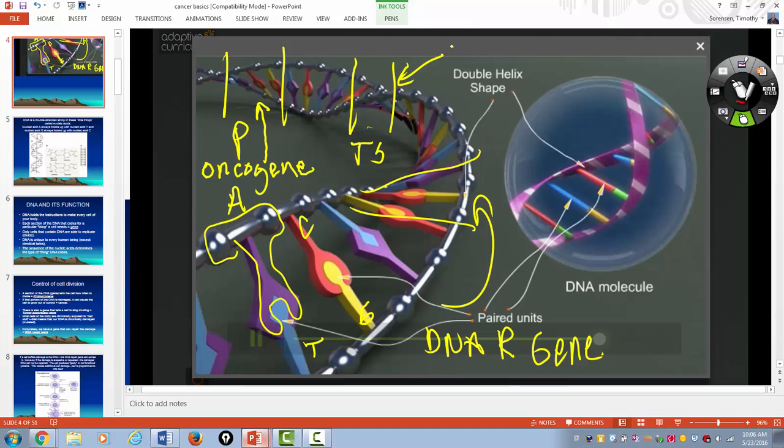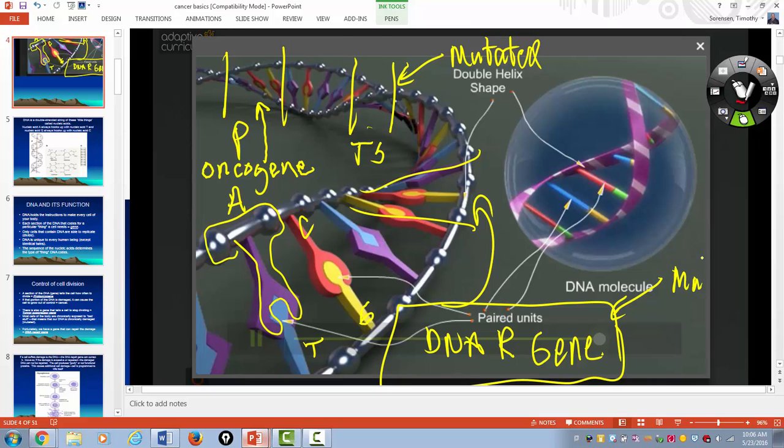Well, guess what? That has to be mutated too. Well, remember, you got the Maytag repairman, the DNA repair gene that could fix those damaged proto-oncogene and tumor suppressor gene. So this guy has to be mutated. So if all three things happen to a particular cell's DNA, that cell will begin to divide out of control.